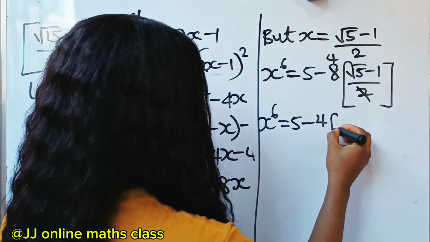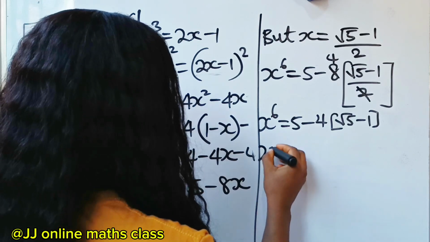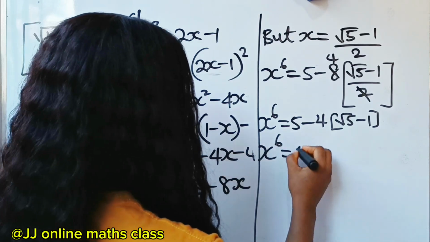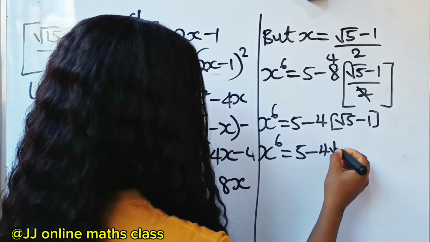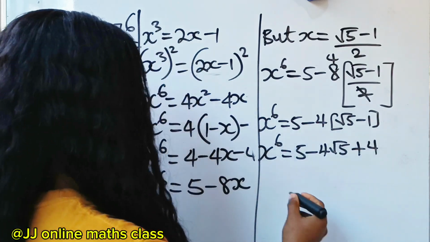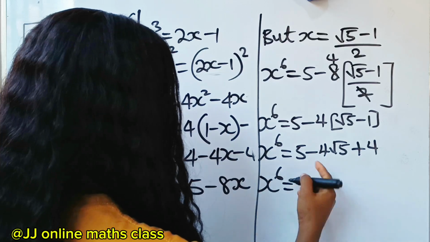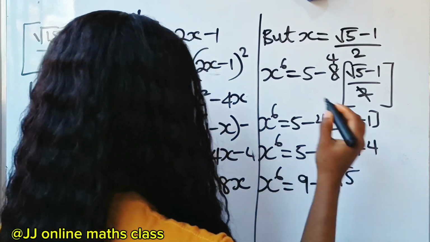So minus 4 bracket root 5 minus 1. All right, so x to the power of 6 is equal to 5 minus 4 root 5, right? Minus 4 times minus 1 will give us plus 4. So x to the power of 6 is 5 plus 4 will give us 9 minus 4 root 5.